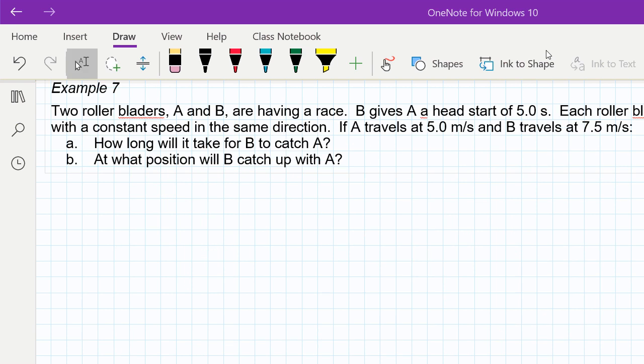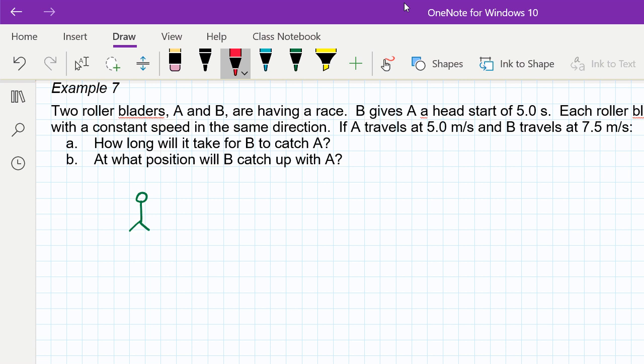This is what we have now as a situation. We have roller blader A and roller blader B. I will make B with different colors.